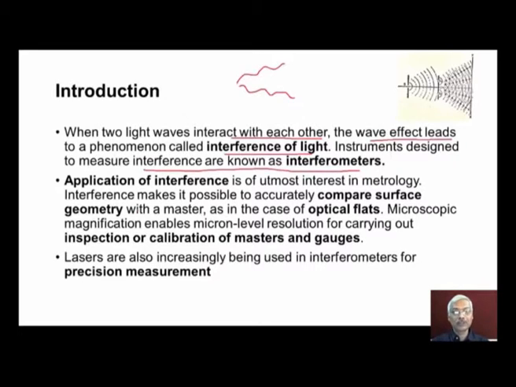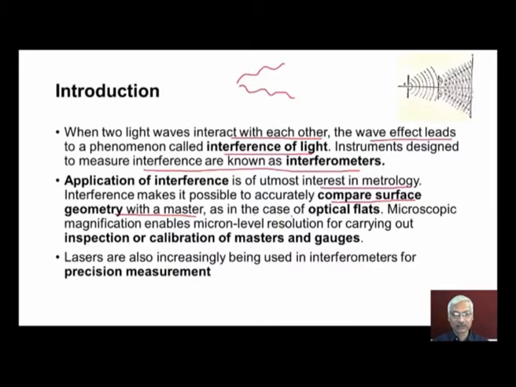Now, what are the applications of interferometry? Application of interference is of utmost interest in metrology. Interference makes it possible to accurately compare surface geometry with the master. So they are used to compare the surface geometry with the reference surface, for which an optical flat is normally used.